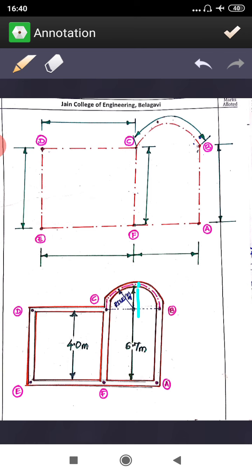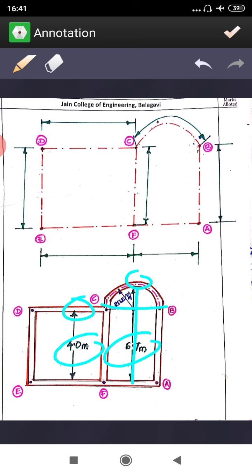From this semicircular wall's inner portion to this wall's inner portion, it is 6.7 meter minus 4 meter. Then you have to minus this 0.2, so it is going to be up to here, plus you have to add half of the wall thickness here.